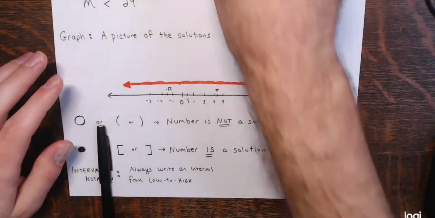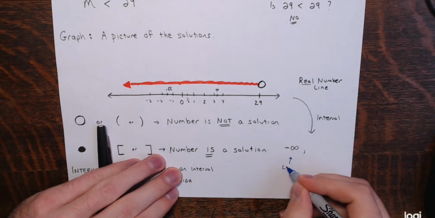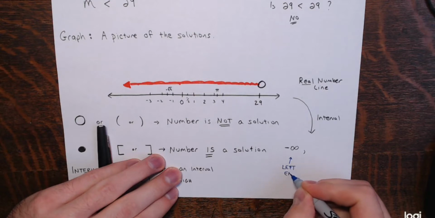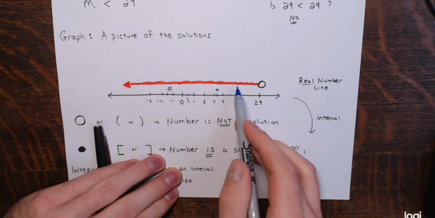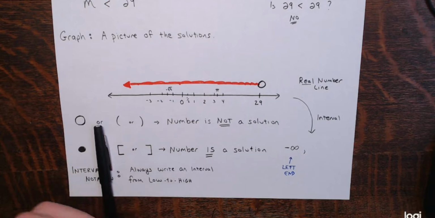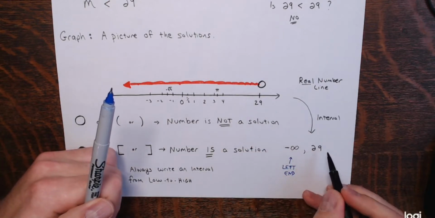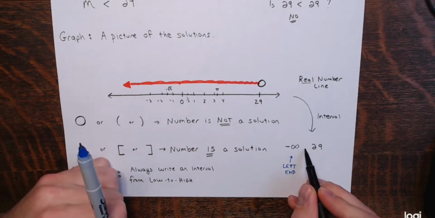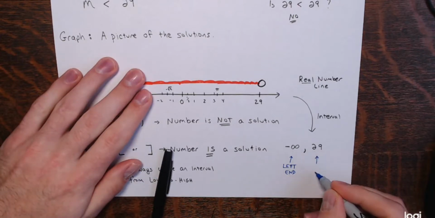So there's no left end, so I'll put negative infinity for the left end. And then this piece of the solutions, all this solution set here, the right end is at the number 29. Right, it stops at the number 29. Right, so I have negative infinity, again, to indicate that there's no left end, comma, and then the positive 29 is the right end, right?